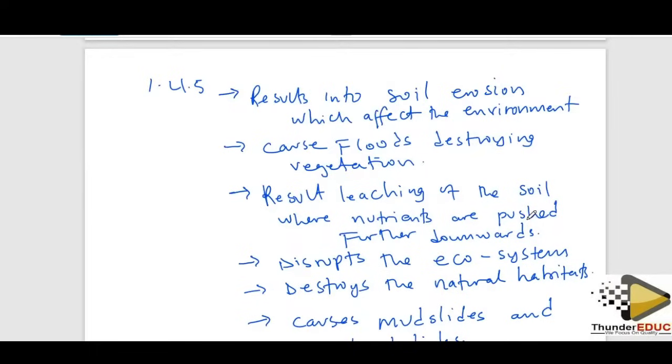Results into leaching of the soil where nutrients are pushed further downwards, meaning that the topsoil will be barren or won't have enough fertility to support the growth of crops because the fertility has been pushed further downwards due to a lot of infiltration being caused by too much rainfall.